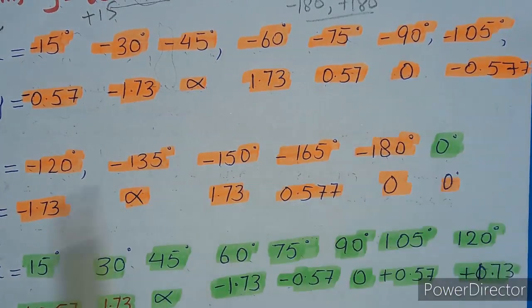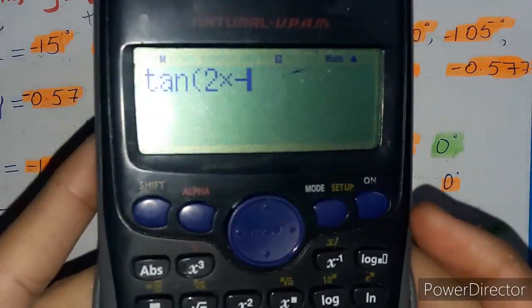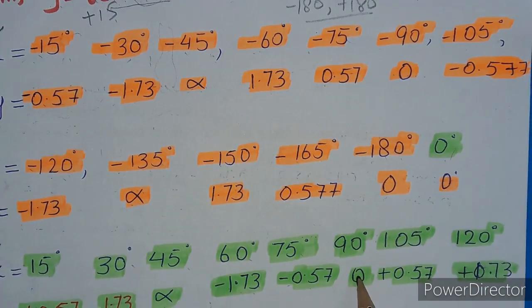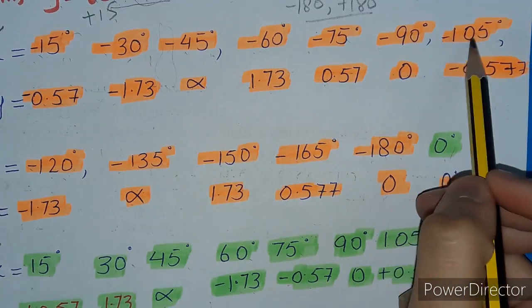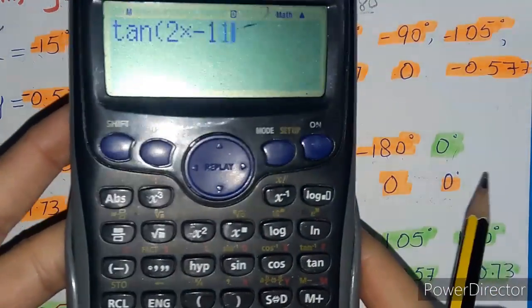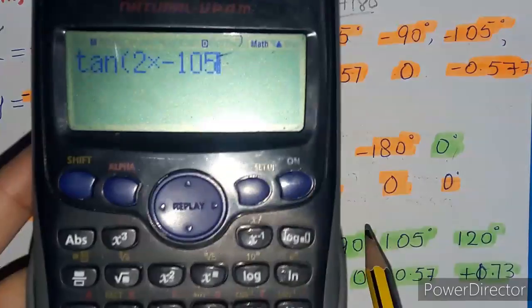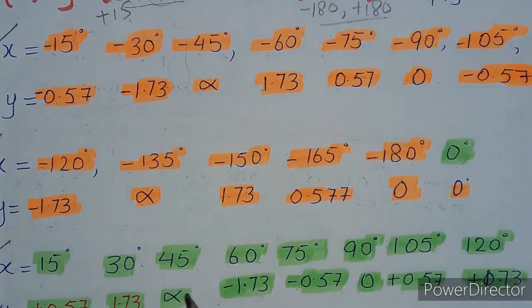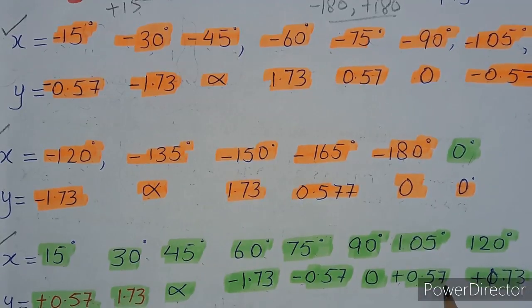Then minus 90 is 0, and 90 is 0. Then minus 105: 2 multiplied by minus 105 gives positive 0.57.